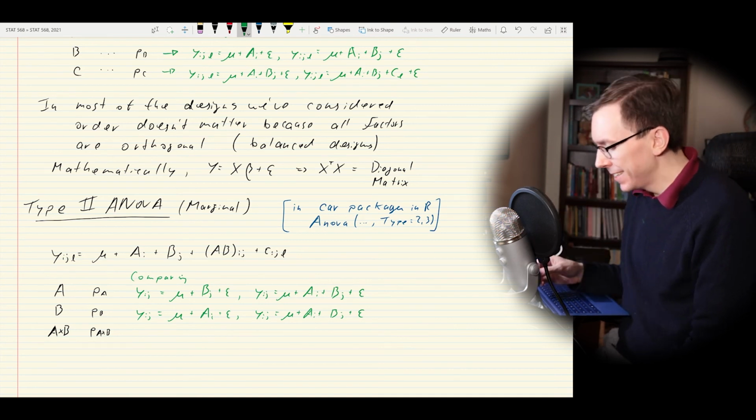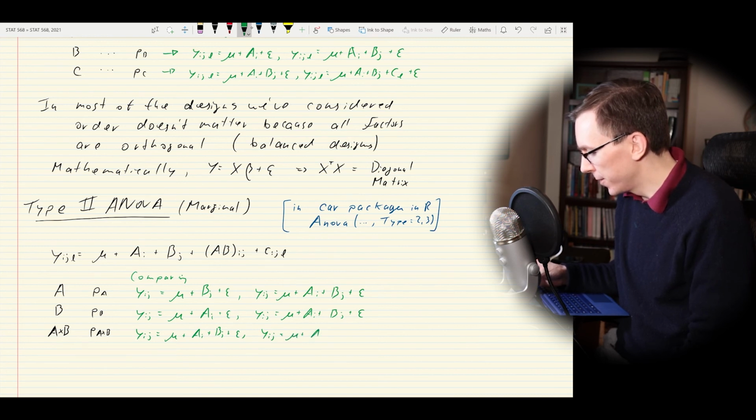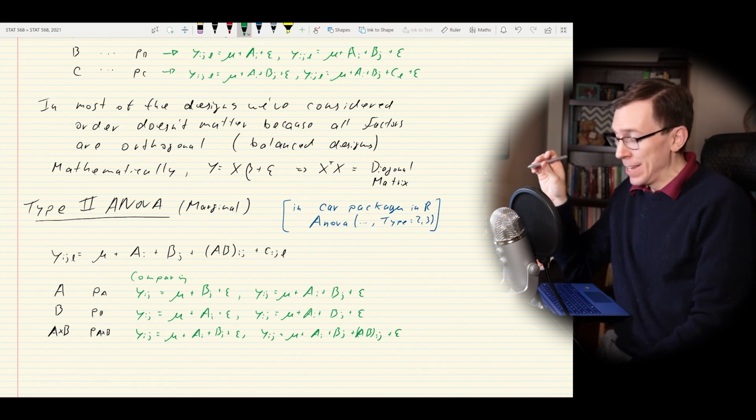Lastly, if I were to test this interaction term, I would be testing the model with just Ai and Bj, the main effects, and then comparing that to the full model, which is all the terms, including the interaction term, of course, plus epsilon.